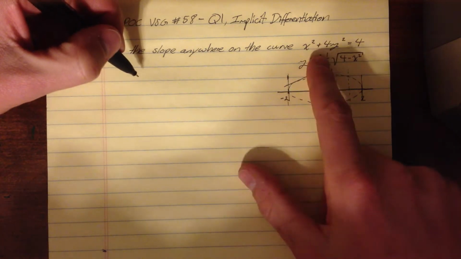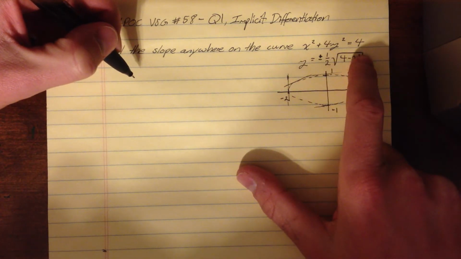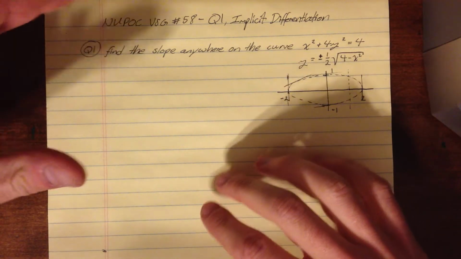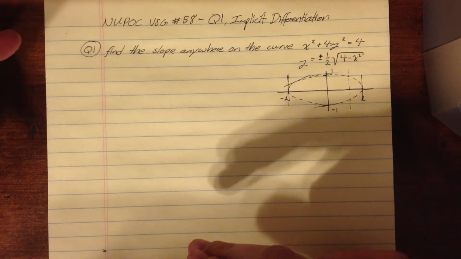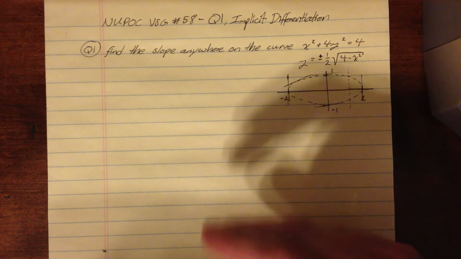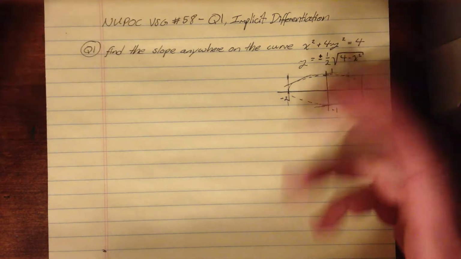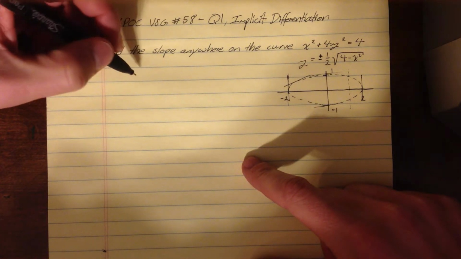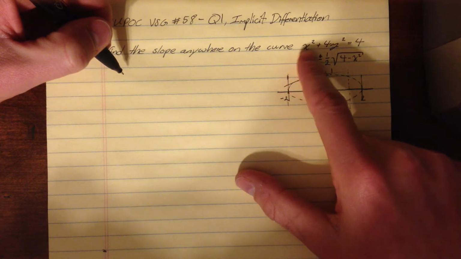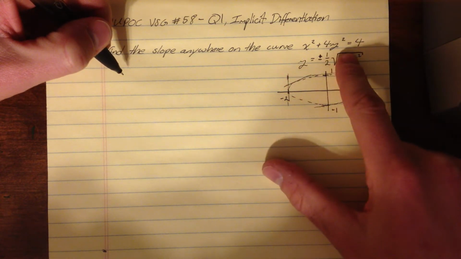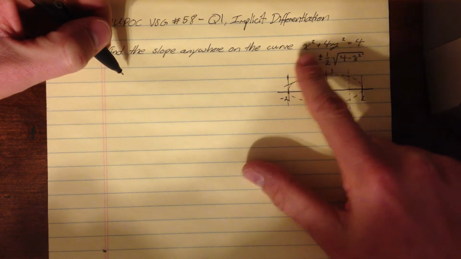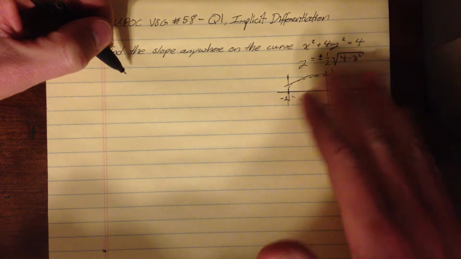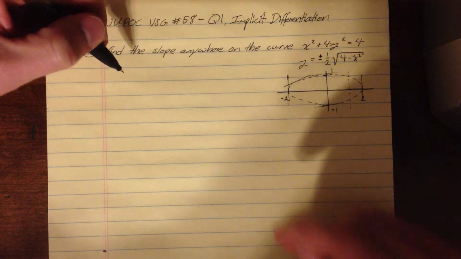So let's get into it. All right, so I have this equation here. I want to find dy/dx. Now we could also find dx/dy, but we can do that at the end by just inverting it. So let's find dy/dx. What we're going to do is take the d/dx of every term, because it's a linear operator, we can just apply it to every term.